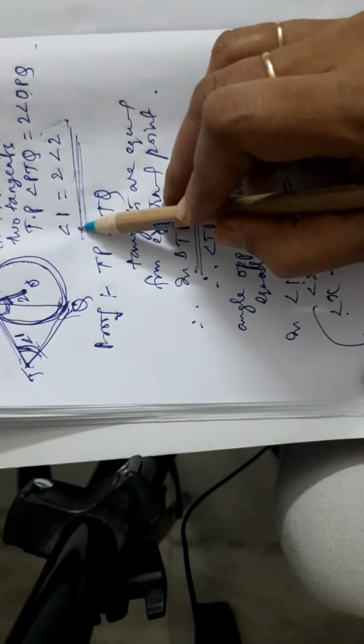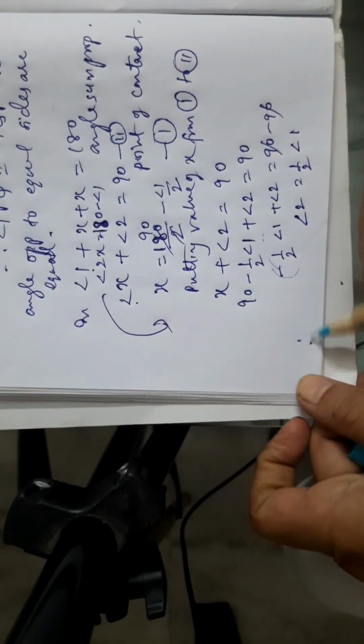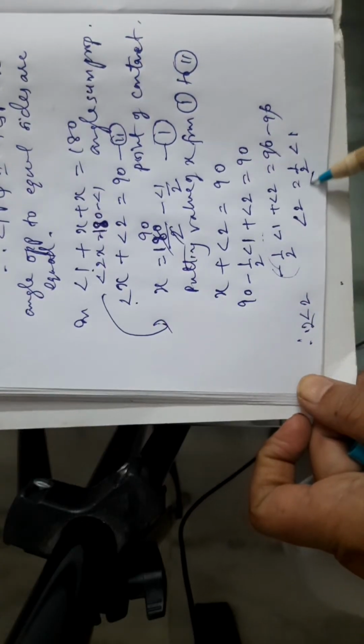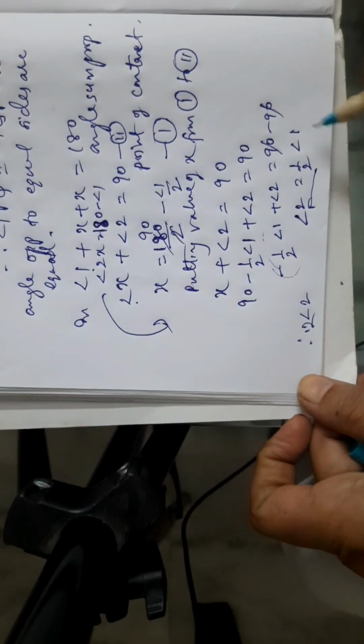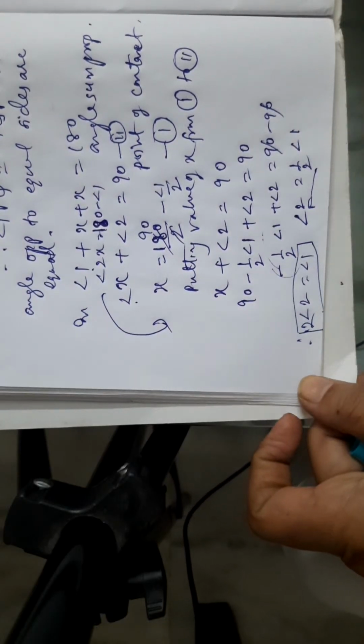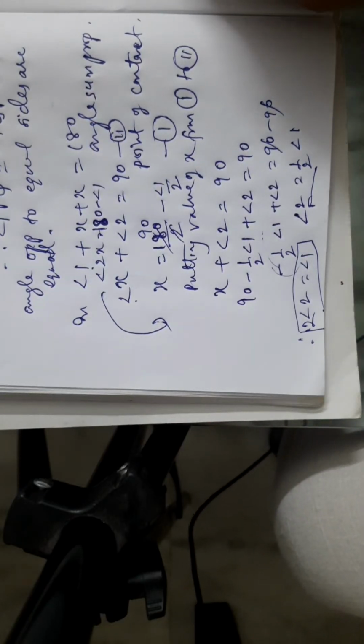Now cross multiplying, 2 times angle 2 is equal to angle 1. This is what we needed to prove. This question is very important and very often asked. So once again I want to repeat it.